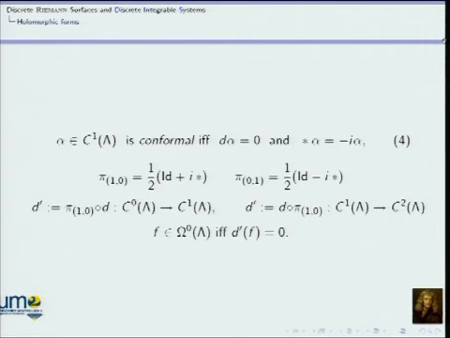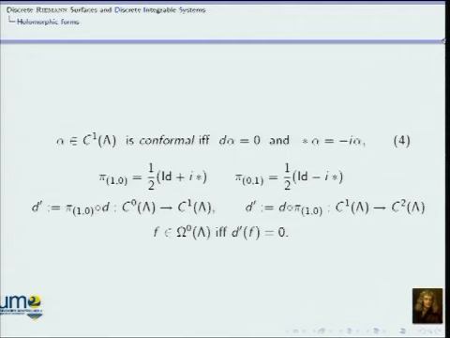I'm just going to hint at ways to look into the direction of a discrete Riemann-Roch theorem. So we said that a function is holomorphic whenever its df, its associated one form, is an eigenvector of the Hodge star, and when of course it's closed, because it's exact.